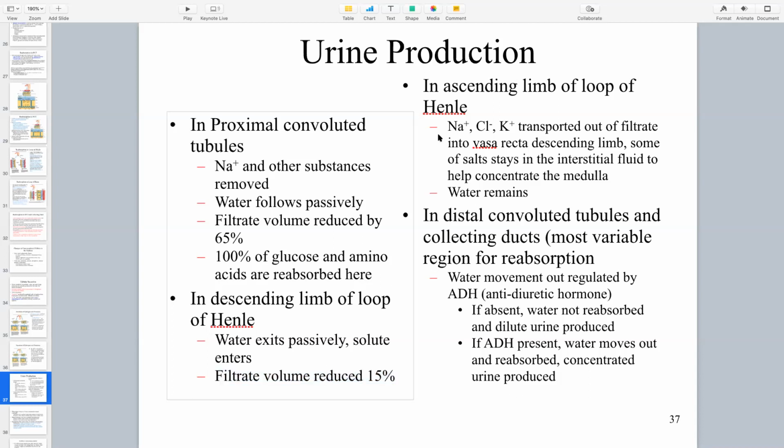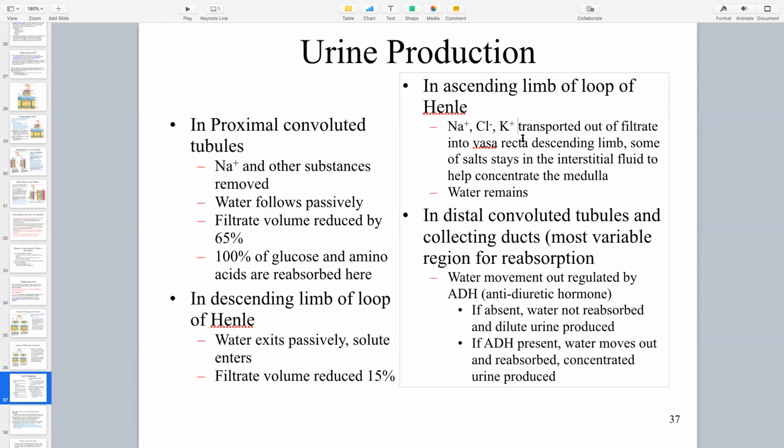In the ascending limb, we have sodium-chloride-potassium channels, and these ions are transported out of the filtrate into the interstitial fluid and into the vasa recta, right? The vasa recta is a blood vessel that follows the loop of Henle.